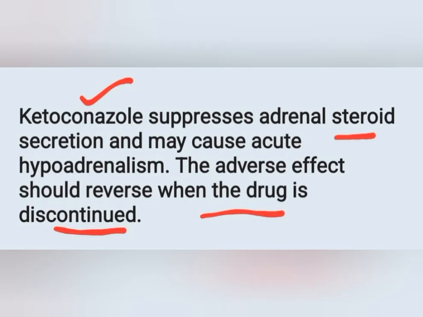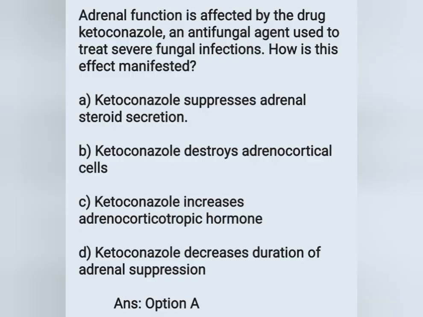Ketoconazole suppresses adrenal steroid secretion and may cause acute hypoadrenalism. The adverse effect will be reversed when the drug is discontinued. So the correct answer is option A. Ketoconazole suppresses steroid secretion. Option A is the correct answer.